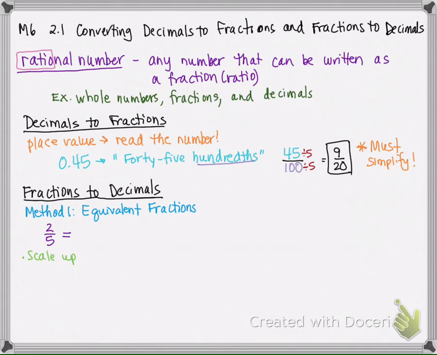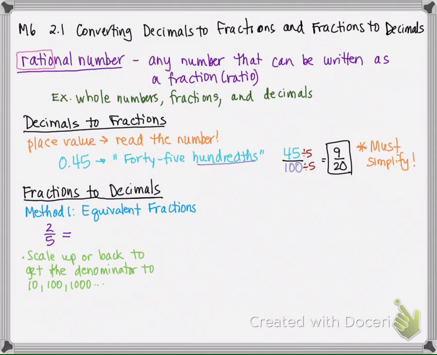So we're going to scale up or back. Up means to multiply, back means to divide, to get the denominator to be one of the place values, like a 10, 100, 1,000, or so on. Okay?